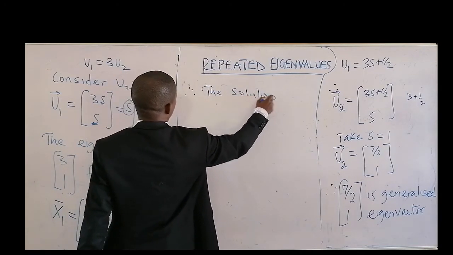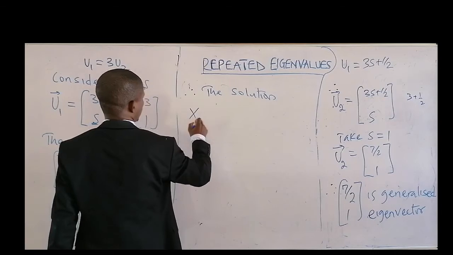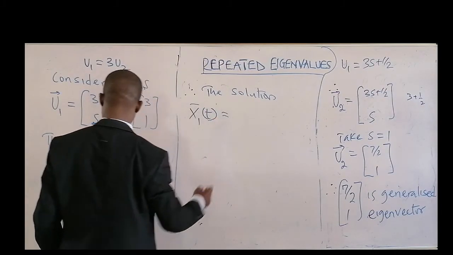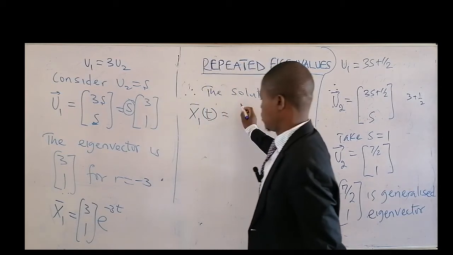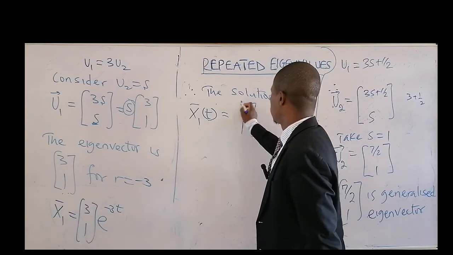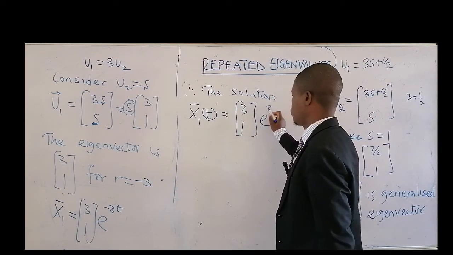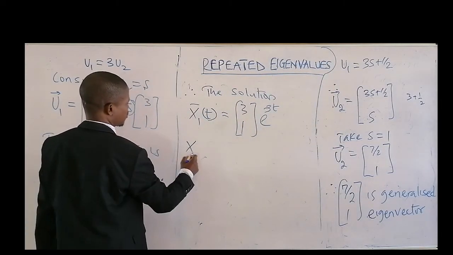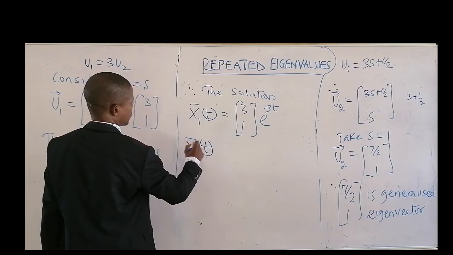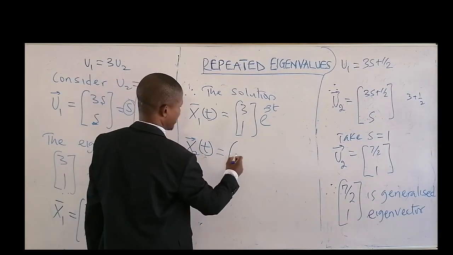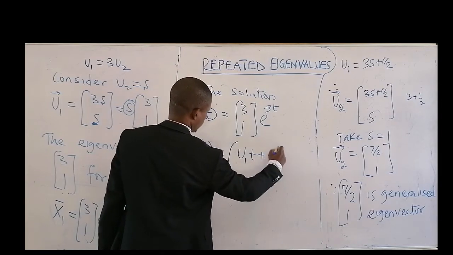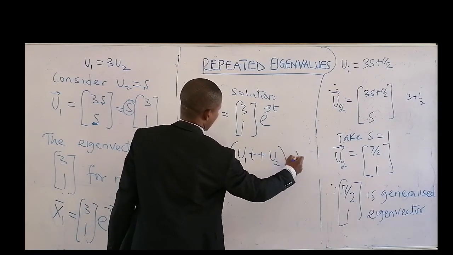The first solution is the one we have here, exponential to minus 3t. Then the second solution as a function of t will become, don't forget that formula, u1 t plus u2, and then exponential rt.